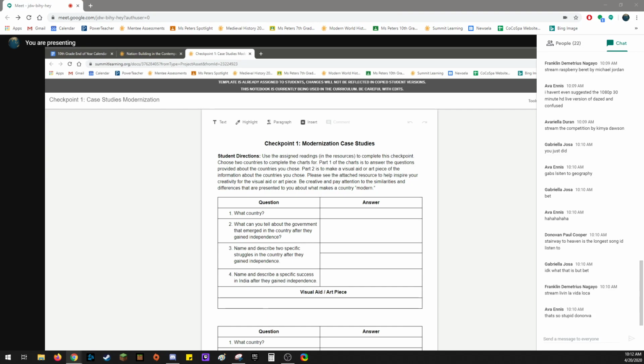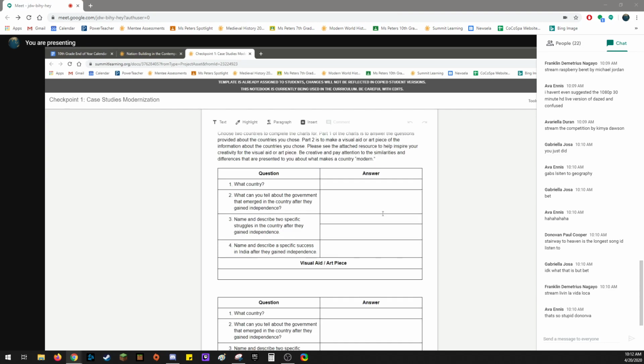You want to just answer them as you keep reading. So the first one is, what country did you do? Tell us the country that you did, please. And then one of the things that helps us identify modern nations is the government. Usually after independence is a really good place to start for when you are emerging as a nation.